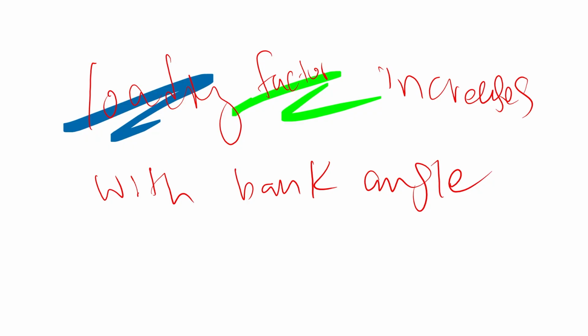How the loading happens. There's another relationship that we need to learn, and this is the relationship between the stall speed and the bank angle. The stall speed is the minimum speed that we need to maintain before the aircraft stalls, right?